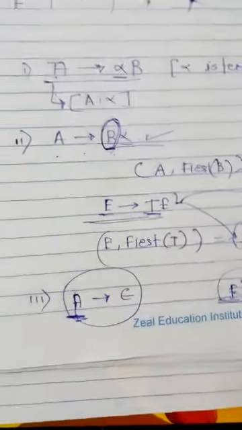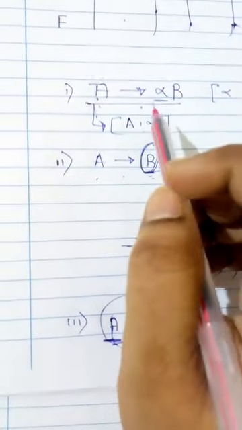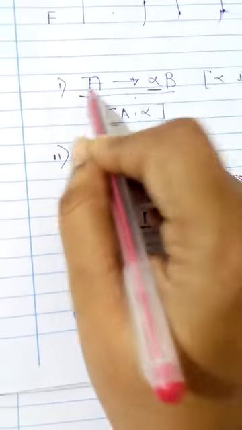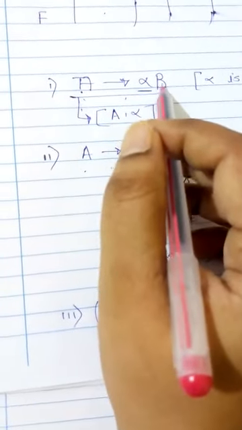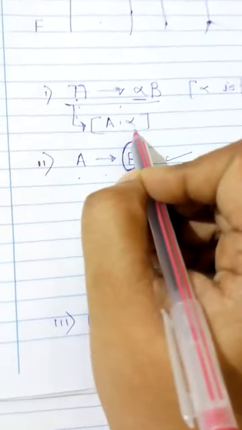Clear? So these are the three rules in order to construct the predictive table or predictive parser table. What are those rules? If one non-terminal gives you a right hand side where the right hand side starts with a terminal, directly add that particular production rule in the cell value A comma alpha, where alpha is a terminal.